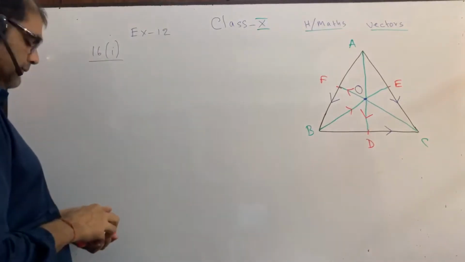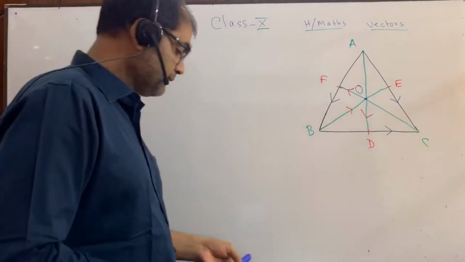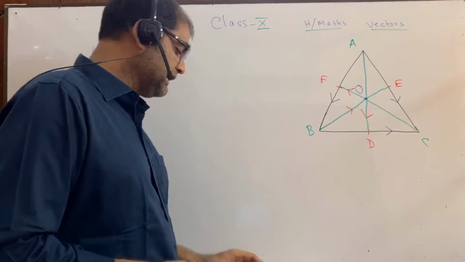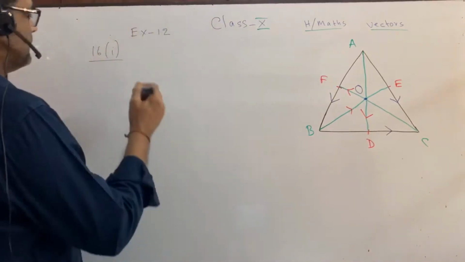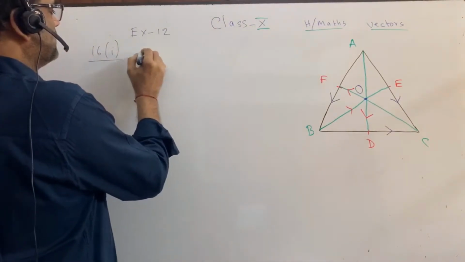What is the question? The question is to express AB in terms of BE and CF.